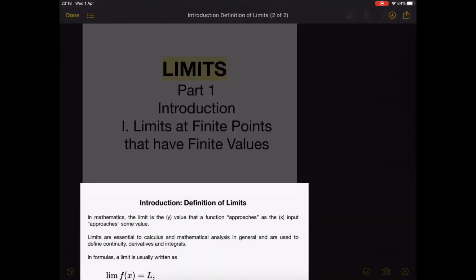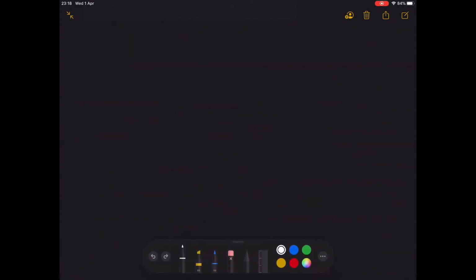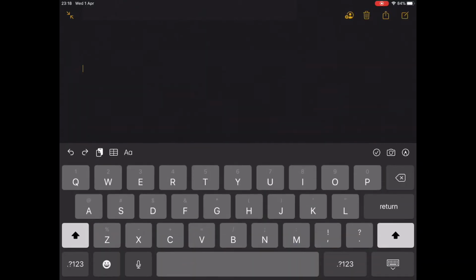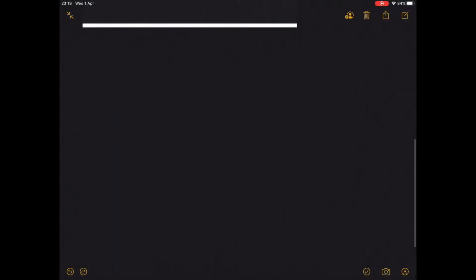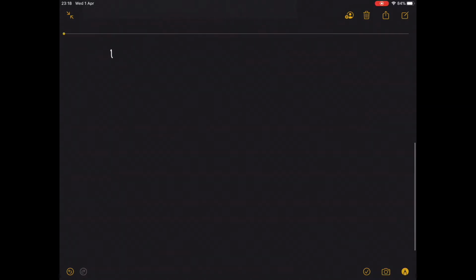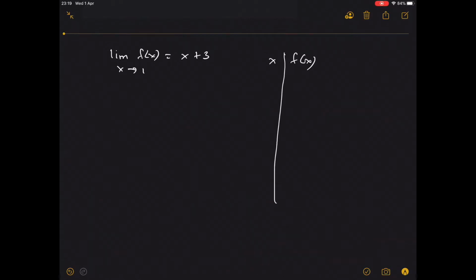So let's have some example about the definition of limits. If the limit of f(x) when x approaches 1 is x plus 3, so when x is approaching 1, we have values of x and the value of f(x) approaches 4.